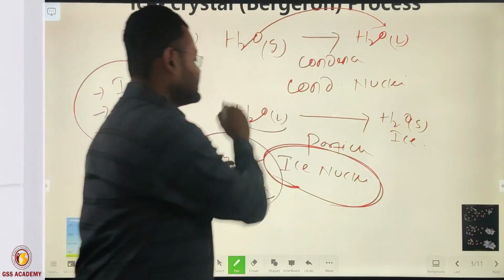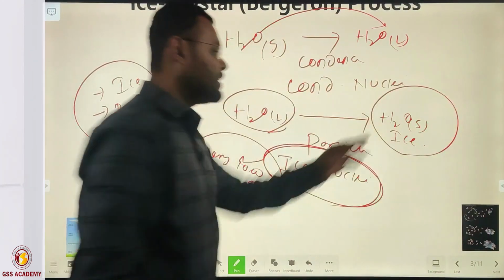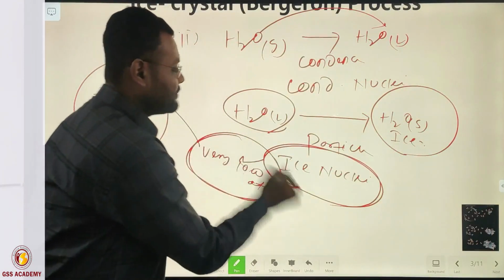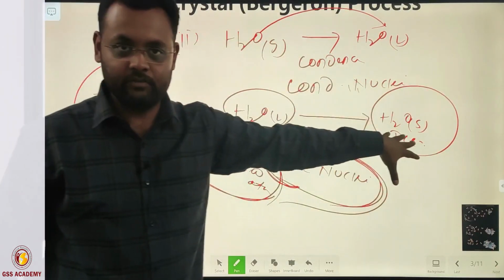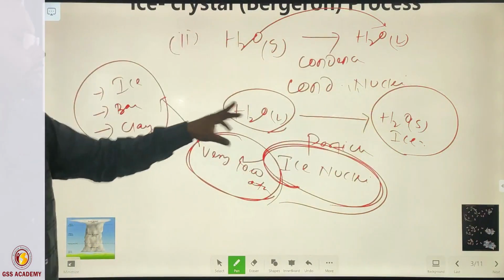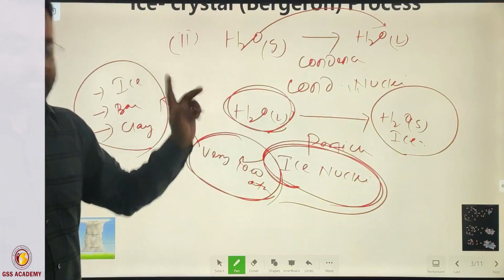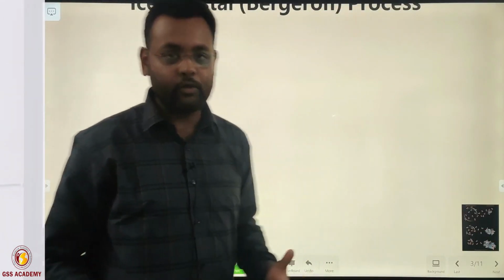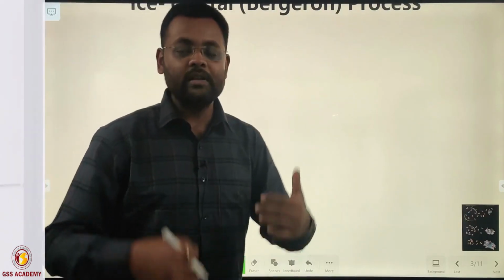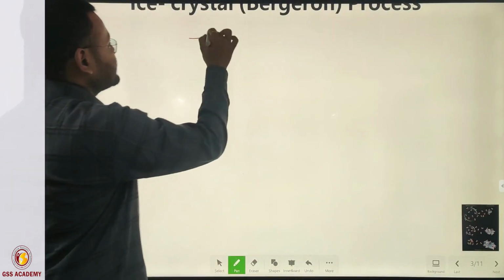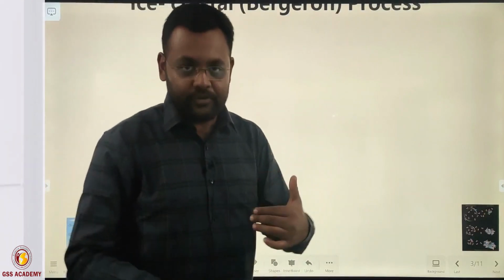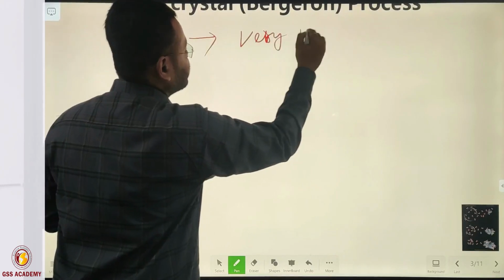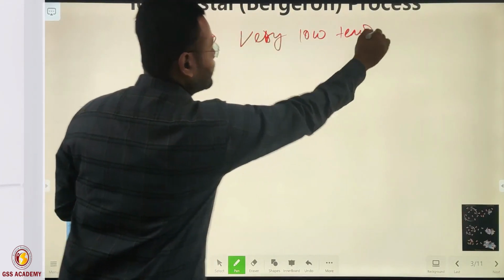That means although this liquid water can convert into solid water, due to the very low abundance of ice nuclei, it cannot convert. Instead, it prefers to stay in the liquid form. So we have two different reasons which explain the presence of supercooled liquid water within the cloud. First, this water can freeze, but it needs a very low temperature.